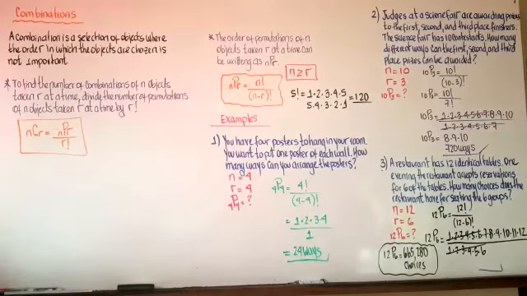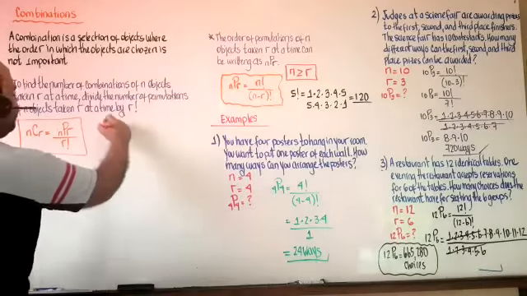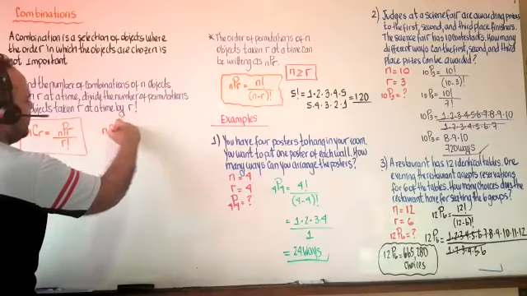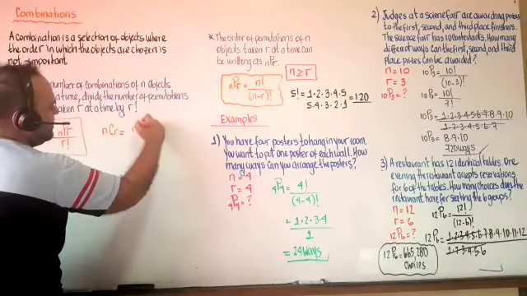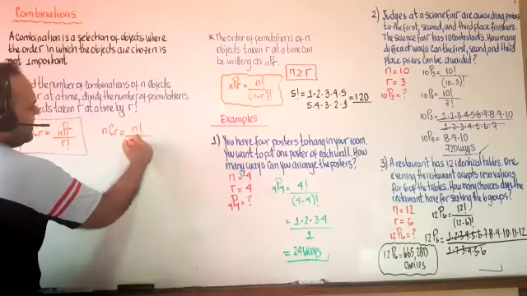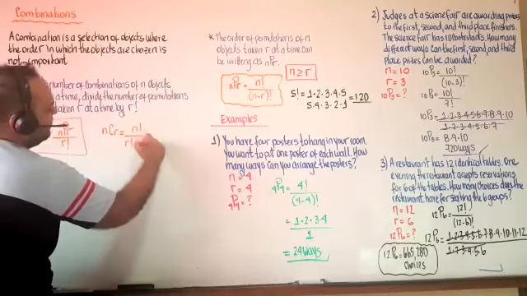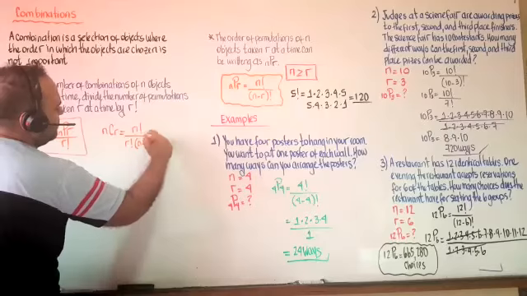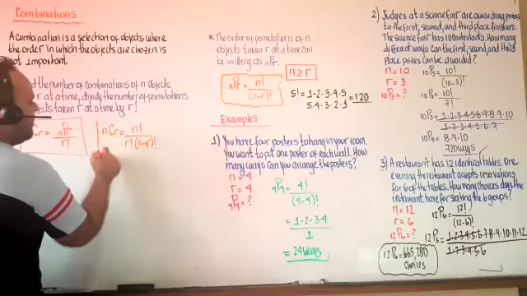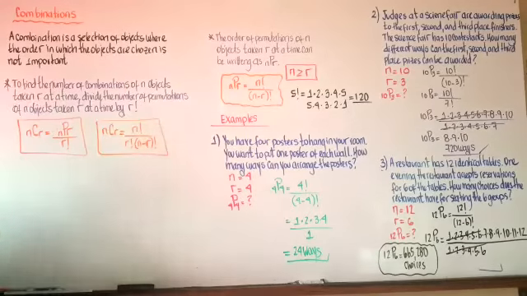But if you don't want to use this formula, we can use another one. For example, nCr will be given by n factorial divided by r factorial times n minus r factorial. Both formulas are the same.